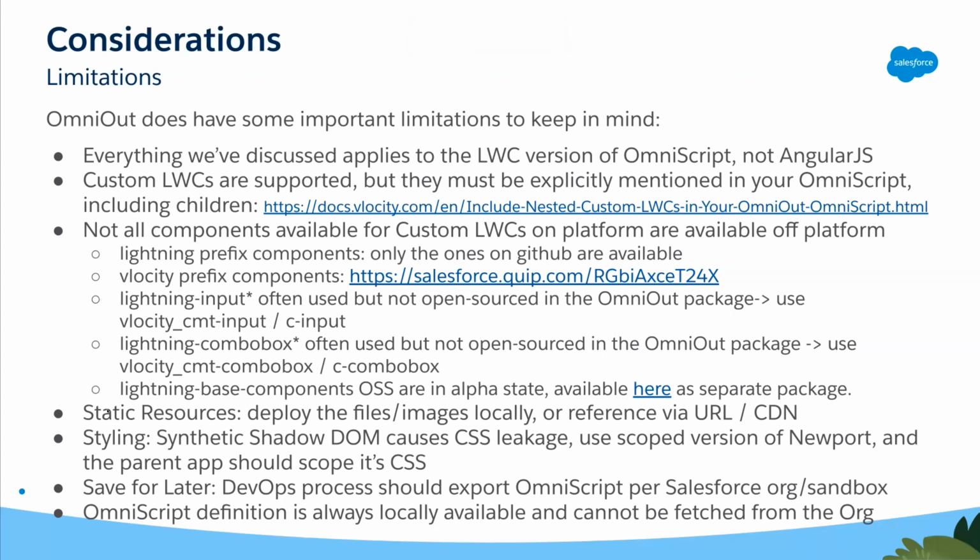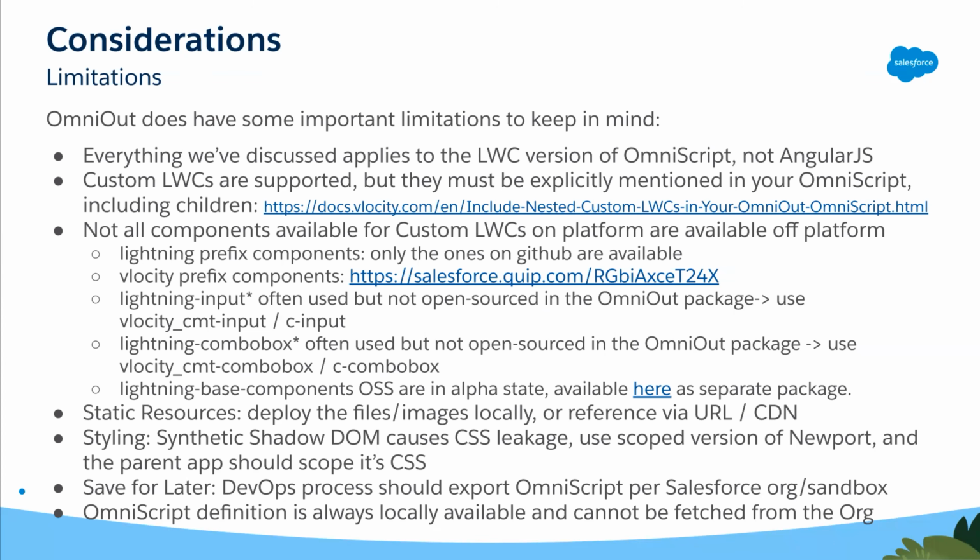Okay, now let's talk a little bit about the limitations or something that you need to consider when using OmniOut. Everything that we discussed so far only applies to the LWC version of OmniScript, right? If we have somebody from the audience that is still using the AngularJS type of products within the Industries build, this does not apply to those.